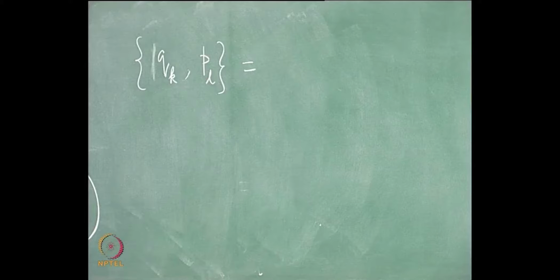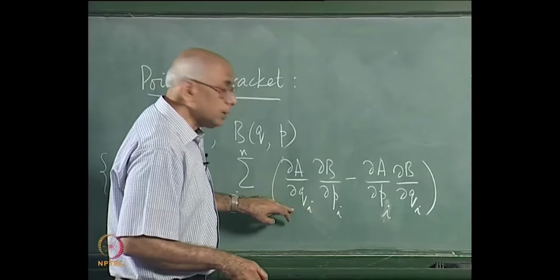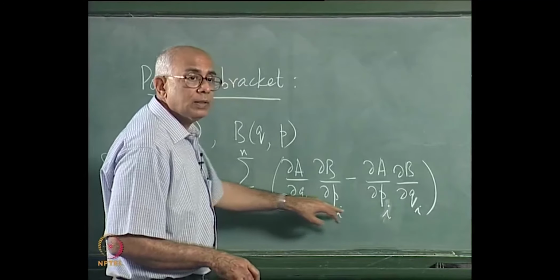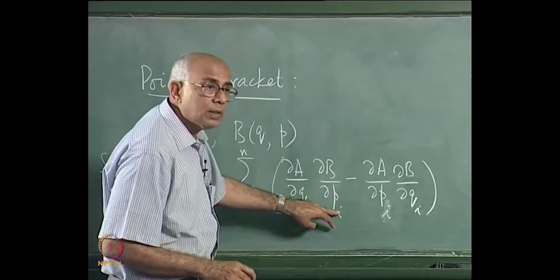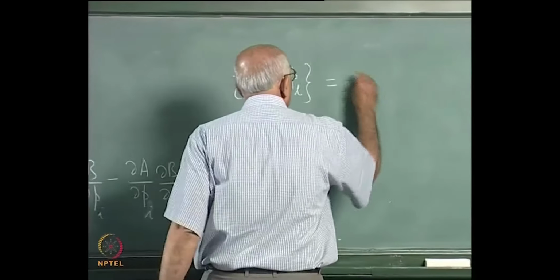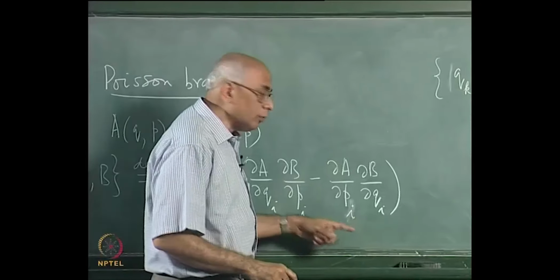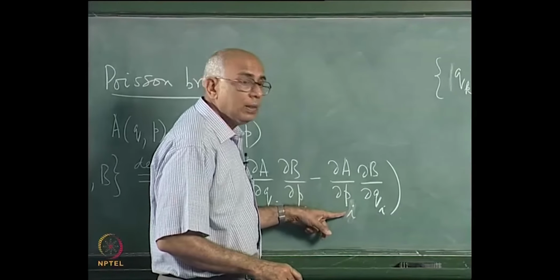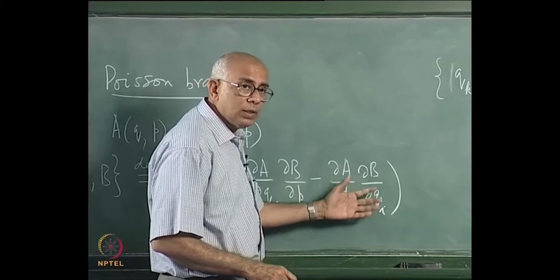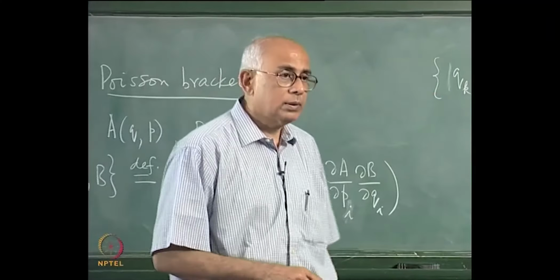Well, this is going to become a delta ki and this is going to become a delta li. So it is 0 unless k is equal to i, and this term becomes 0 unless l is equal to i. So the answer is delta kl, because this term would anyway be 0 if you differentiate a q with respect to a p or a p with respect to a q, the answer is 0, and therefore it is equal to the Kronecker delta.